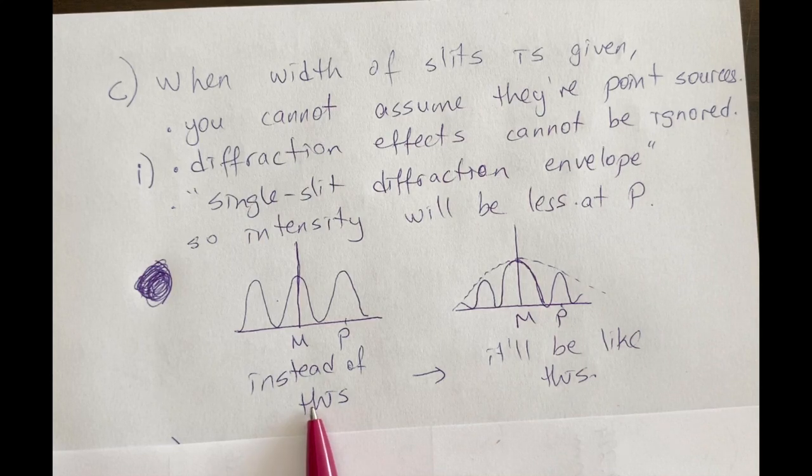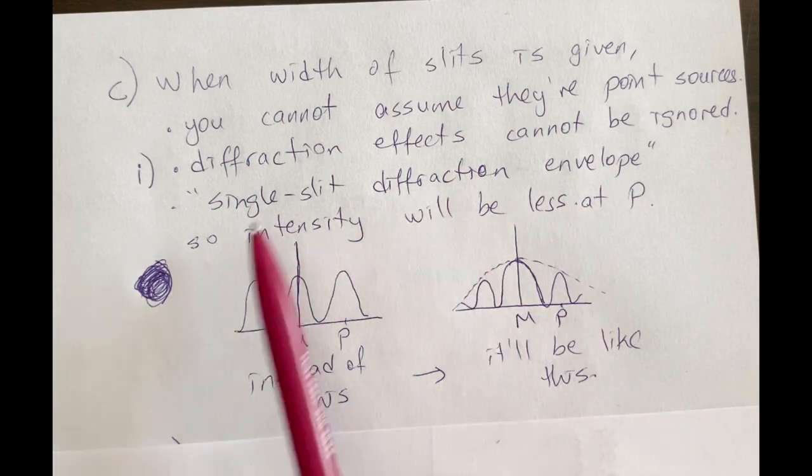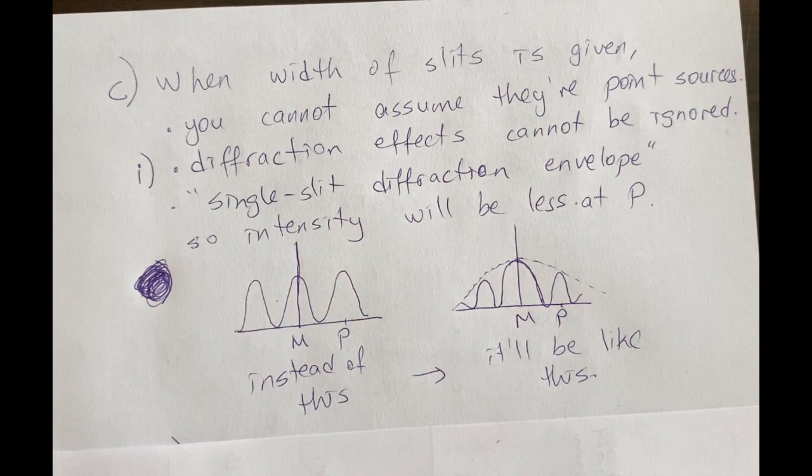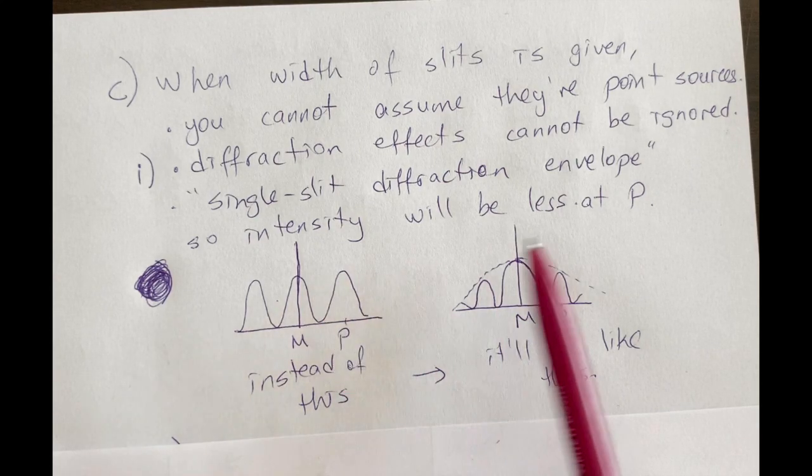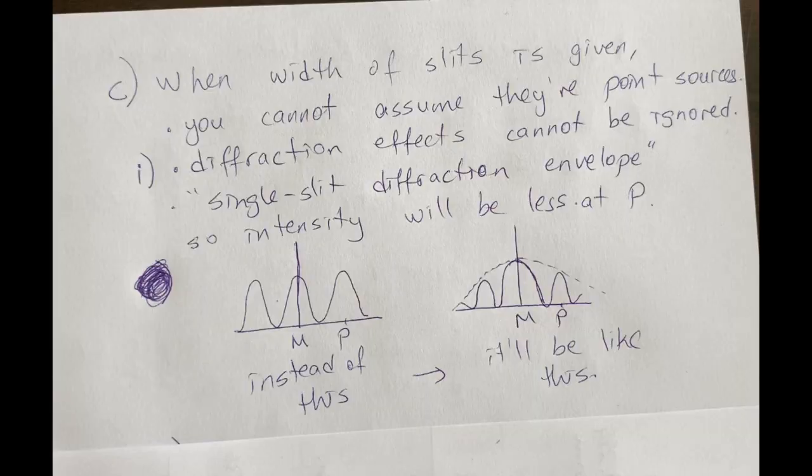So instead of being like this when they were point sources, it will be like this. In explaining that the diffraction effects cannot be ignored due to the width of the slits being finite, you should say that the intensity at P will be less than before.